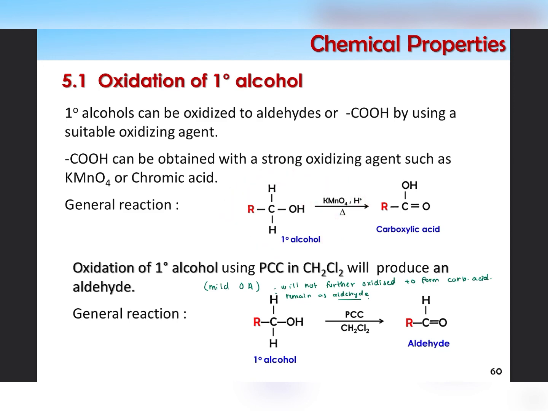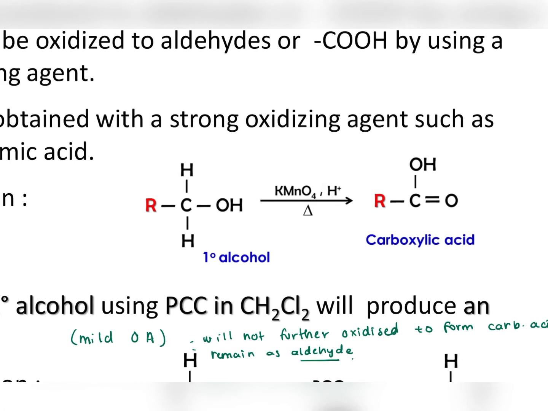So, bila tulis oxidizing agent, kamu mesti tulis KMnO4, H plus acidified KMnO4 and with heat. Kalau begini, strong oxidizing agent, barulah you can form from alcohol, primary alcohol, form carboxylic acid. So, this part akan jadi C double bond O, OH.